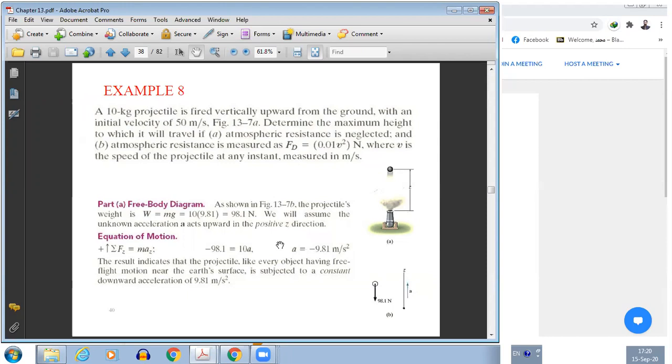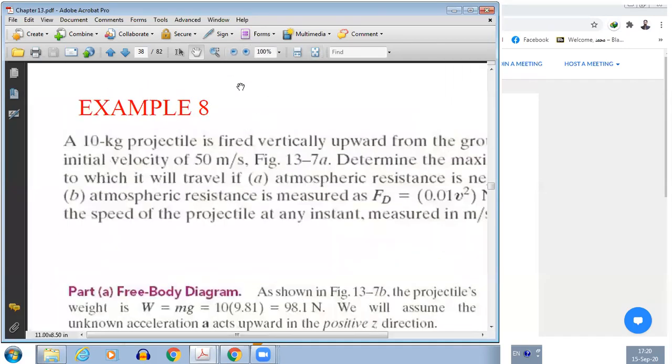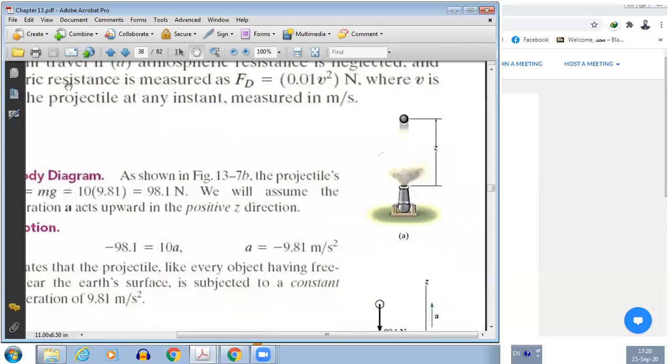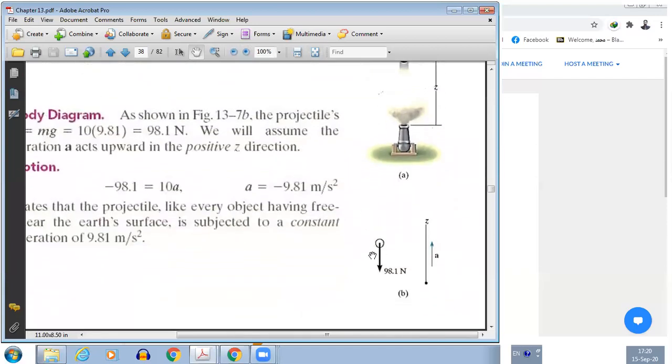So when this projectile is fired, let's see what are the forces acting on this projectile. Okay, so when there is no resistance of the atmosphere, it's just the weight of the projectile which is acting downward.